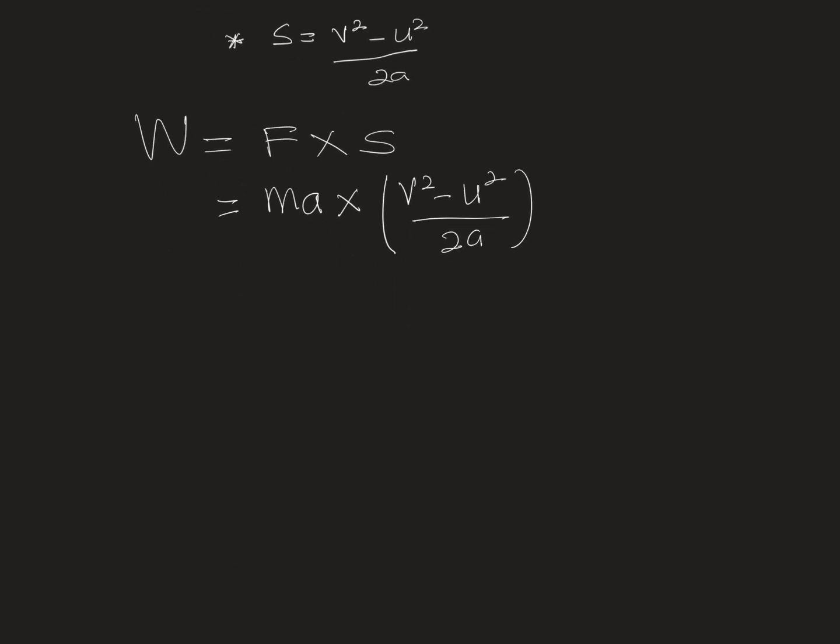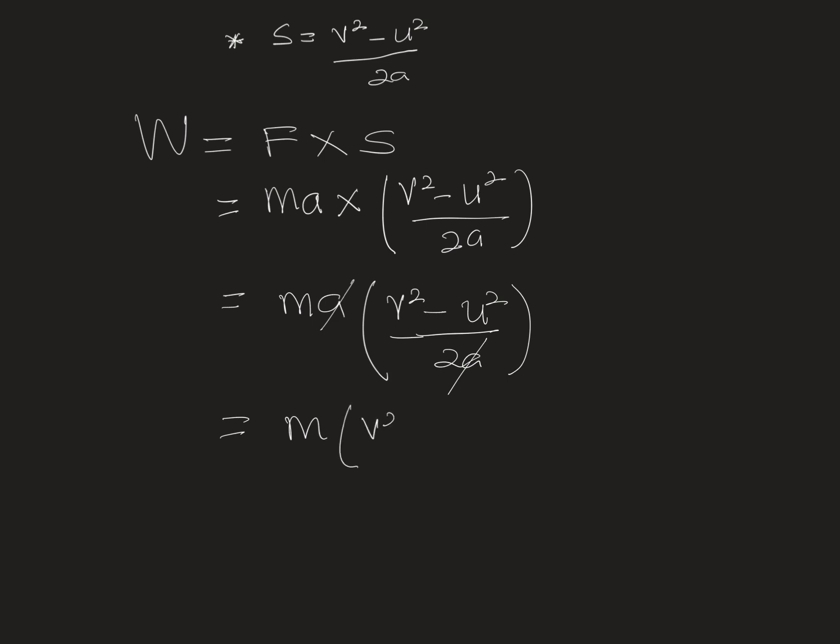So I can say ma into v squared minus u squared divided by 2a. So what can I do here? I can simply cancel acceleration. So what will I be left with? I will have m into v squared minus u squared divided by 2.